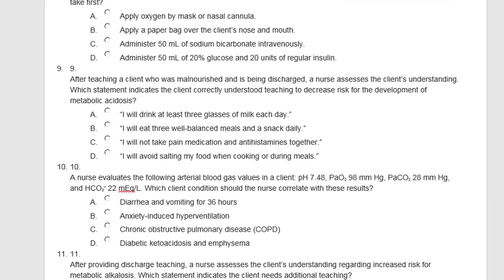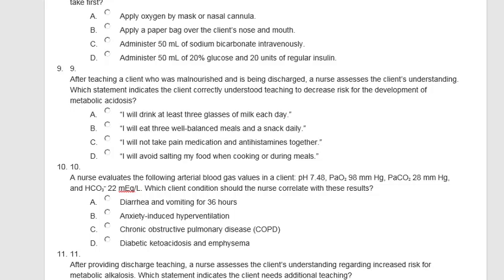Number 9. After teaching a client who was malnourished and being discharged, the nurse assesses the client's understanding. Which statement indicates the client correctly understood teaching to decrease the risk for the development of metabolic acidosis?